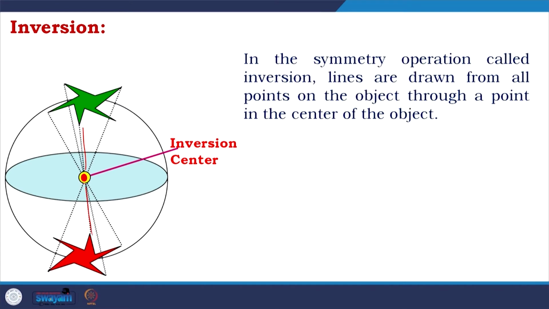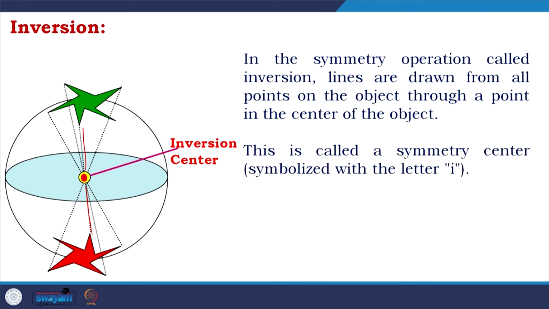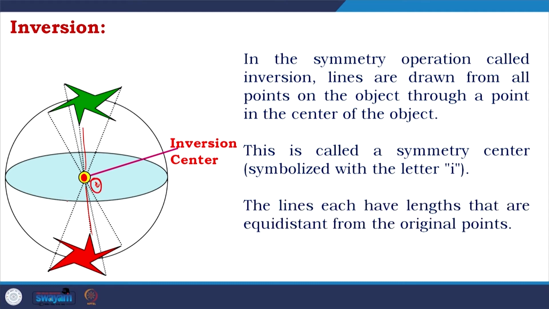identical. So, in the symmetry operation called inversion, lines are drawn from all points on the object through a point in the center of the object, which is called the inversion center. This is called a symmetry center, and it could be symbolized by I. It is also called the inversion center, as I told.